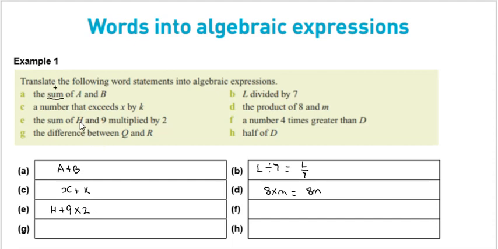Because what the statement is saying is we want to add h and 9 together first and then multiply by 2. This, of course, if we use order of operations, is timesing 9 times 2 and then adding the h. So that is wrong. What we need to do is say, well, if we're going to add h and 9 first, we need to use some brackets. So I write down h plus 9, and then we can times the result of that by 2.